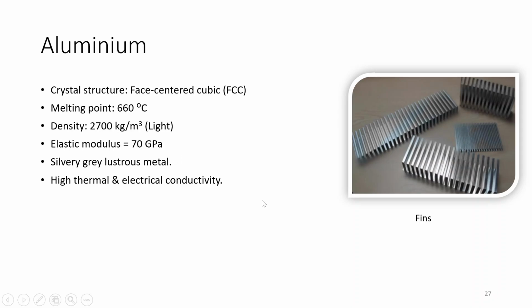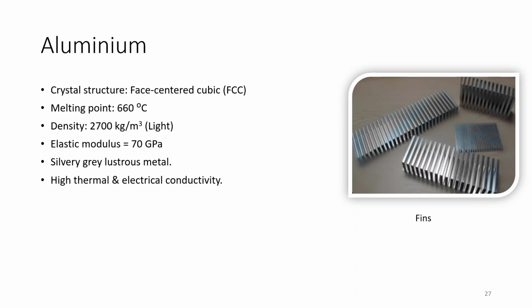Ma'am, I ask: for a given lattice structure, can we identify how many slip planes are associated with it? Yes, if you have an FCC type of structure, you have 24 slip systems, but it can change depending on the metal as well. For some FCC metals, you have a different number of slip systems.